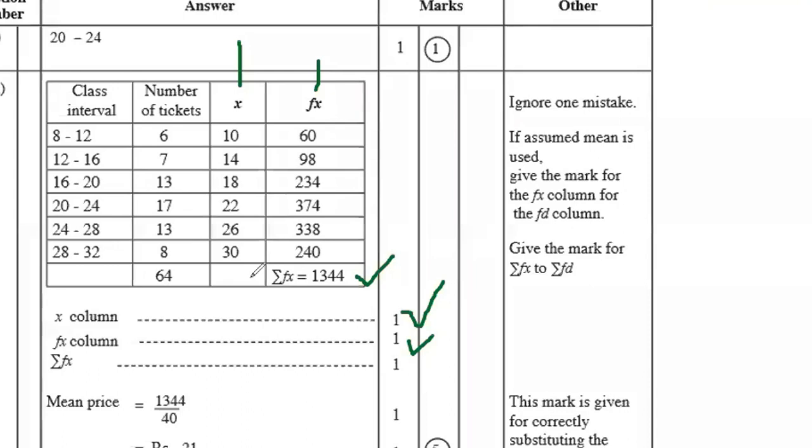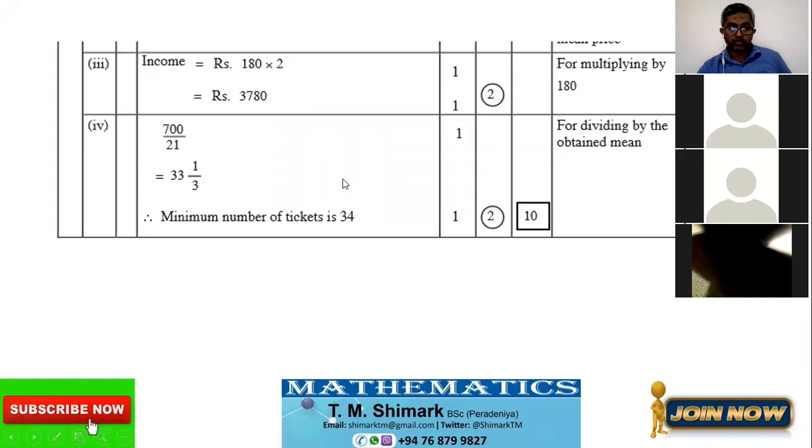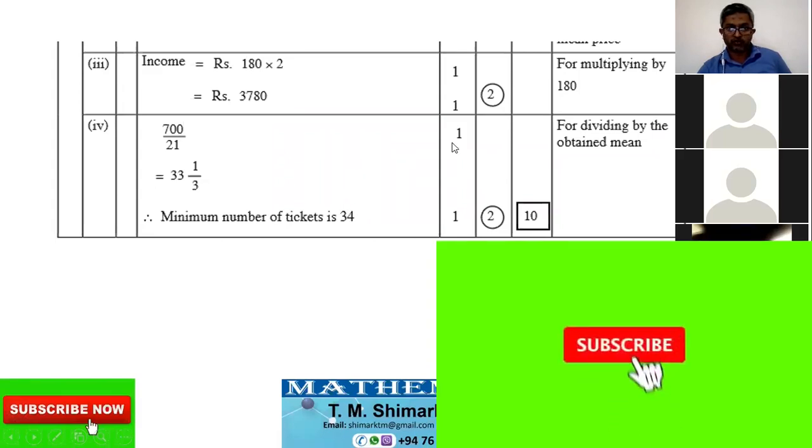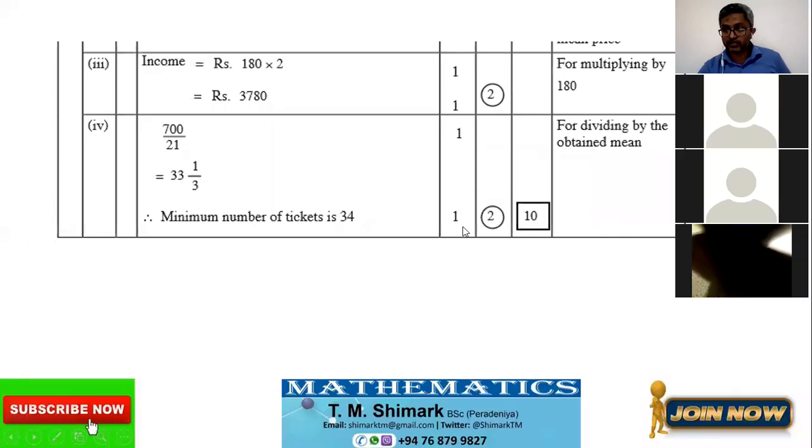Even if you go wrong in this, you will get 2 marks correct. So that's very important to put this, and marks are given for that also. We got here also, see this calculation got 1 mark. Giving the final answer is also given 1 additional mark. So if you just forget to write this 34, then you will lose 1 mark.